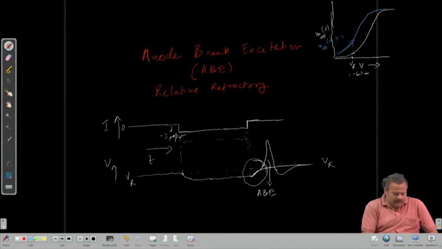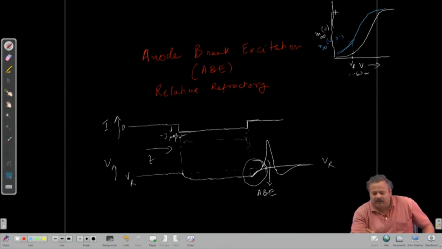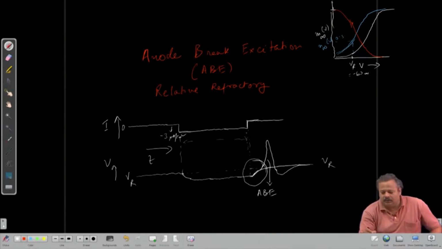And now the inactivation gates, whose gating variable is H, at V rest remain at around 0.6 and then go back down to 0. So this is H infinity of V.